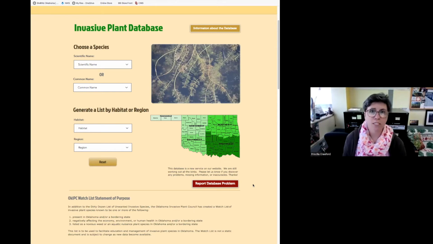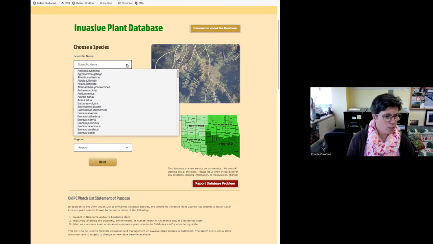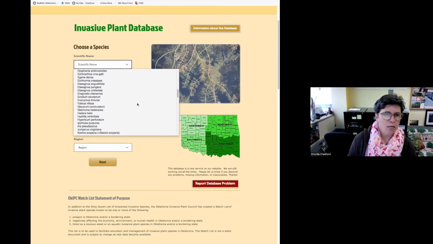We have different ways that you can pull up the information. If you're interested in an invasive species that you already know the name of and you just want a little bit more information, you can look at it through either the scientific name or the common name, and we'll try one to begin with. Under scientific names, one that a lot of people know, because the scientific and the common name are the same, is hydrilla.